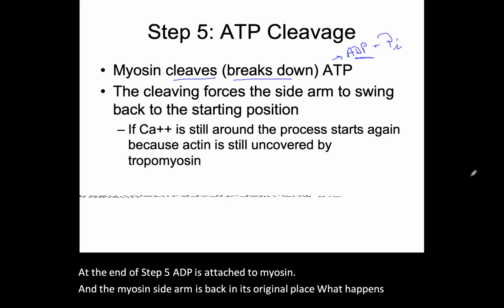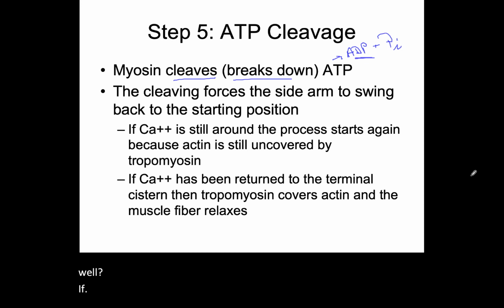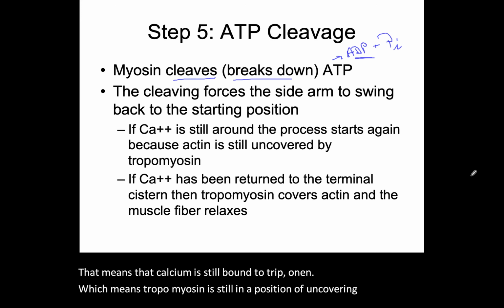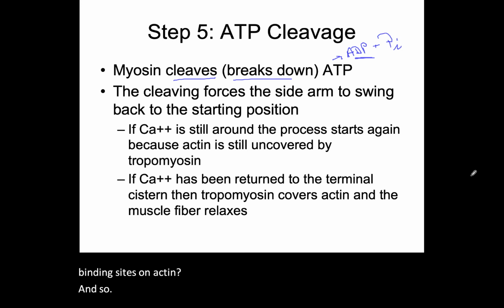Well, if calcium is still present in the sarcoplasm, that means that calcium is still bound to troponin, which means tropomyosin is still in a position of uncovering the myosin binding sites on actin, and so another ATP molecule could bind to myosin. And step 1 happens all over again. And step 2, and step 3, and step 4, and step 5.